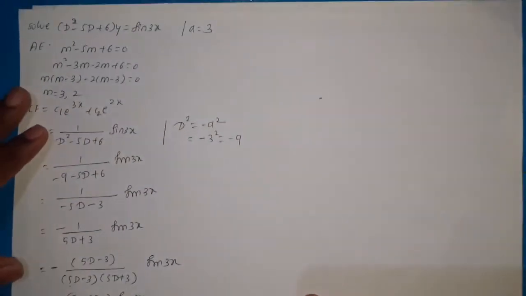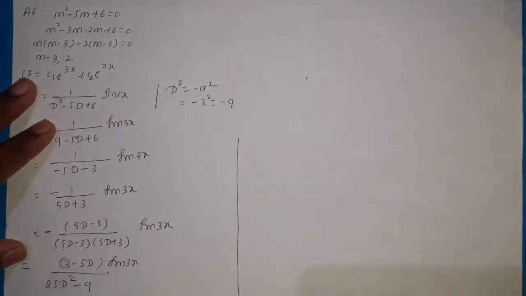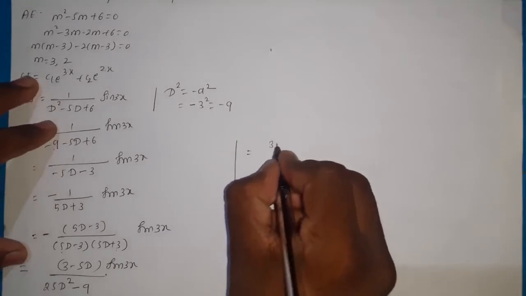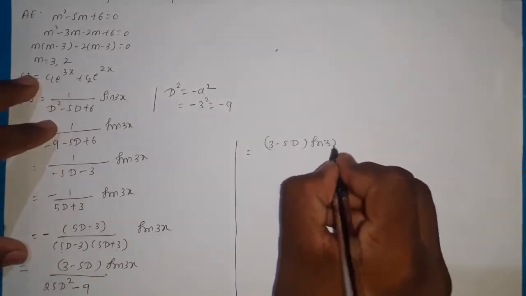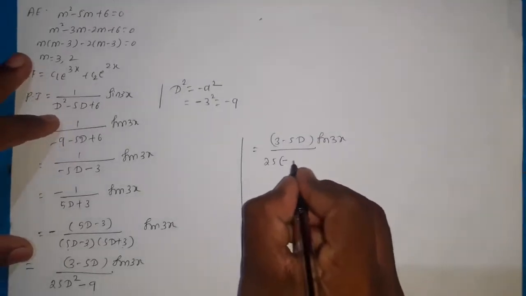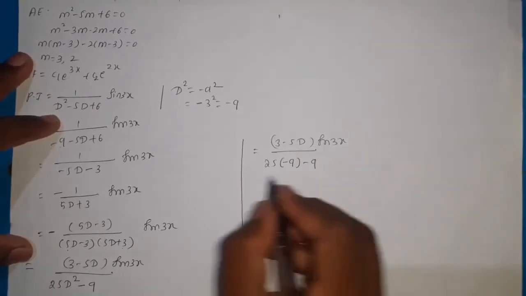So this is equal to (3 - 5D) sin 3x divided by (25D^2 - 9). We already know that D^2 is -9.